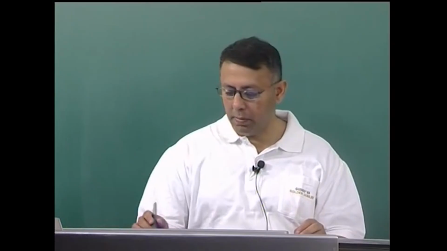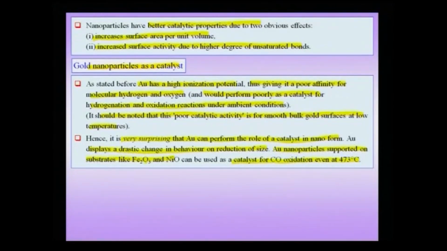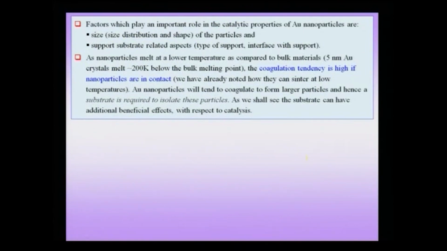Therefore, they are typically embedded in a substrate, and these substrates have been noted to be Fe2O3 and NiO, and we will note shortly the relevance and importance of the substrate in this whole process. But the important thing to note is that gold in nanoform can now be used as a catalyst, and this is a very startling behavior.